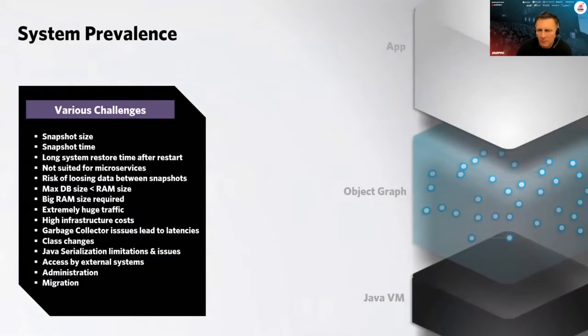But what's the problem with system prevalence? It is not very popular in practice out there, so there might be some challenges. And yes, there are many challenges with this initial concept of system prevalence. It's the snapshots. The snapshots are mostly too big, and the snapshot time takes too long. Between the snapshots, you can always lose data, so there is always a risk of losing data.